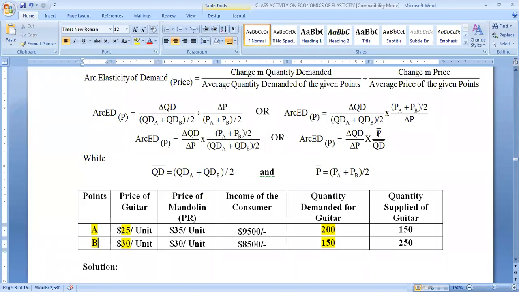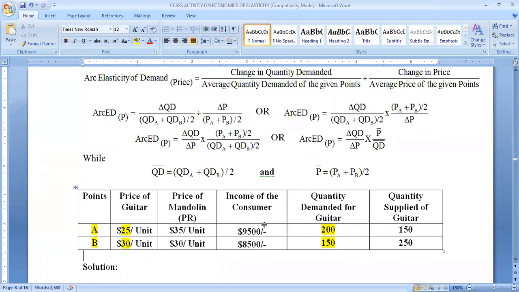So P bar is the average price of 2 points, and QD bar is the average quantity demanded of the given 2 points, right? While QD bar equals QDA plus QDB divided by 2, P bar equals PA plus PB, the whole sum divided upon 2.